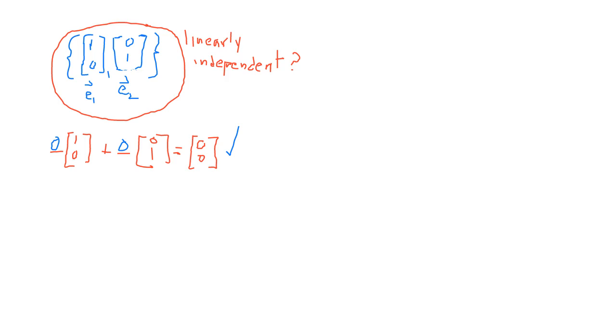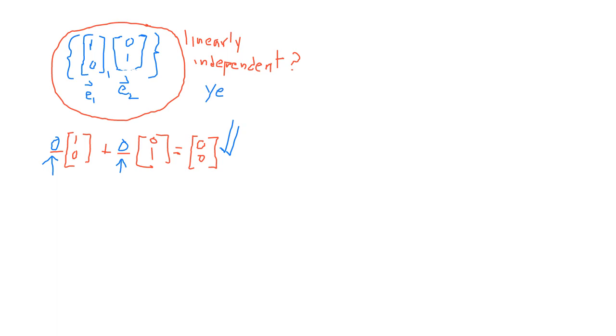This is certainly true. But are there any other weights that would work to make this equation true? Or are 0, 0 the only weights that will work? Yeah, absolutely. That's right, Haley. That's right, Nafani. There's no other linear combination of the E1, E2 vectors that would give you the 0 vector. So the answer is yes to this.